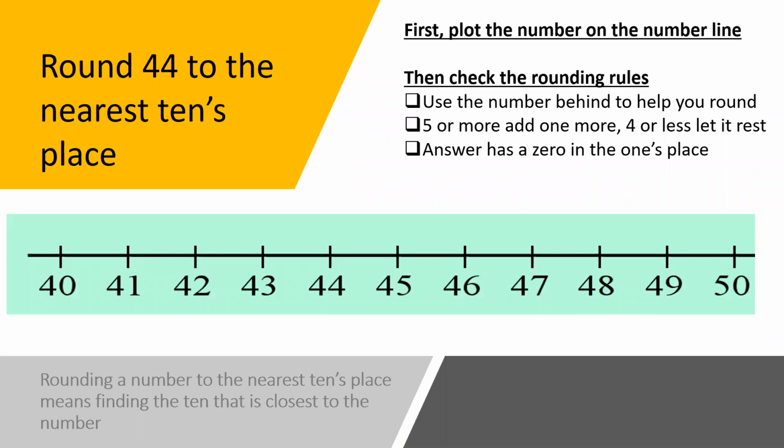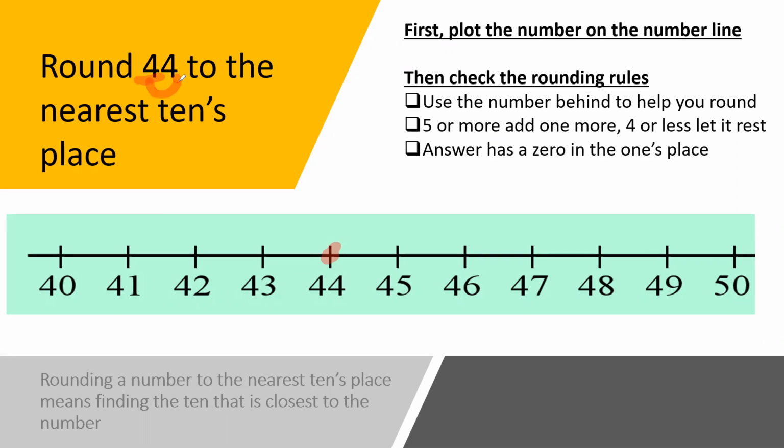All right, our next one. We have to round 44 to the nearest tens place. So first plot the number on the number line. Plotting 44. And then check using the rounding rule. Use the digit behind to help me round. So I need to go to the tens place.